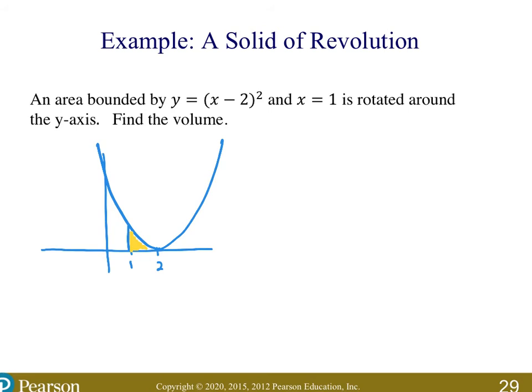Now it's rotated around the y-axis. So that's going to look like a little mirror image piece on the other side. And we're rotating it around. Okay, so there we go. And there's a piece in the back.